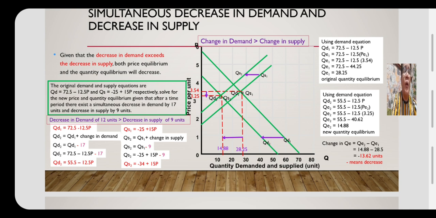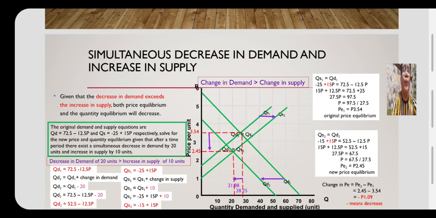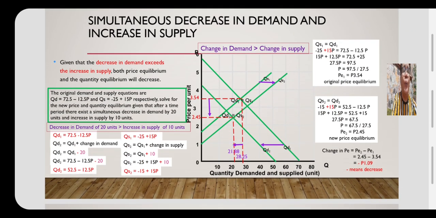So we can go to the next market situation. Now, what about in this particular market situation? In this particular market condition, we are to illustrate a market condition where the decrease in demand exceeds the increase in supply.